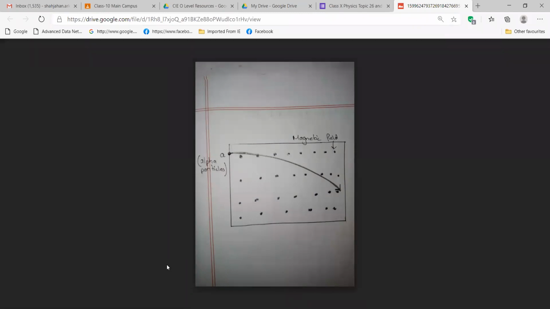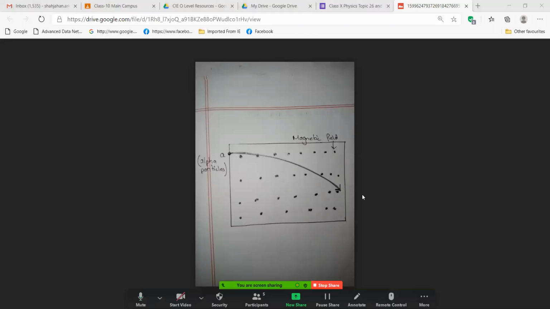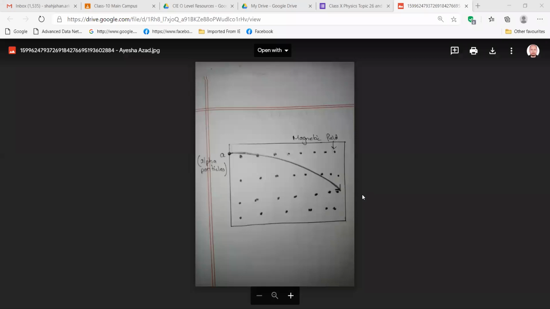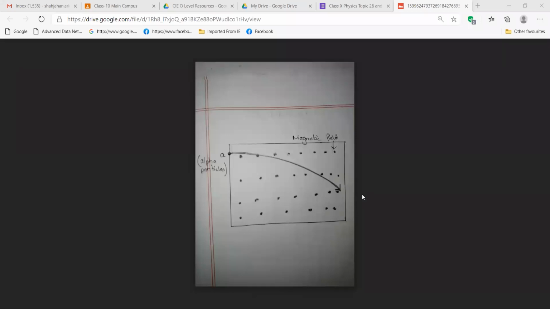So if you are using your left hand and your magnetic field is your index finger, you fix your index finger towards the screen. Then you check that the alpha particle direction is shown by the current direction, because it's positive. So your thumb is shown upwards, not downwards.